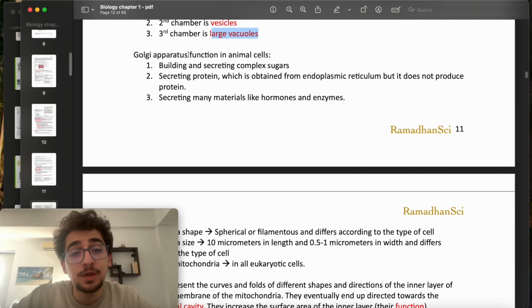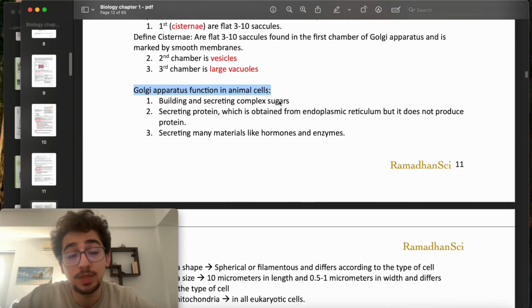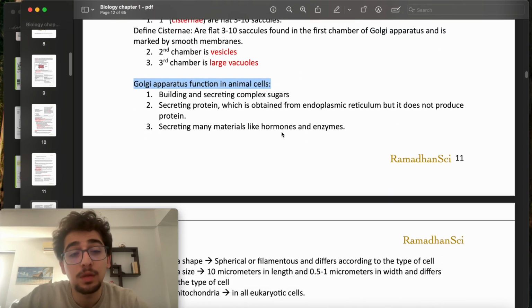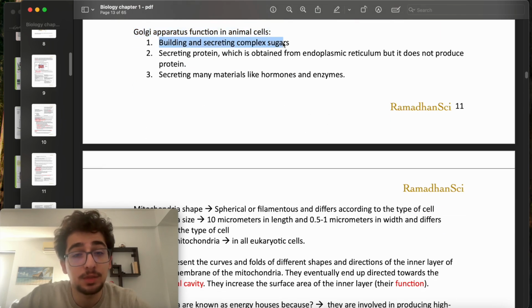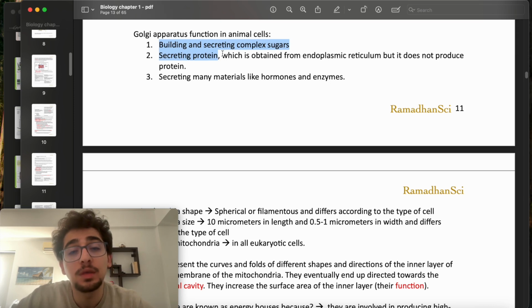Golgi apparatus function in animal cells is different from the dictyosome in plant cells. Because here we will have building and secreting complex sugars, so it is able to build and secrete the sugars. It secretes proteins only. It does not build proteins. It just secretes proteins. This protein is obtained from the endoplasmic reticulum, as we discussed earlier.